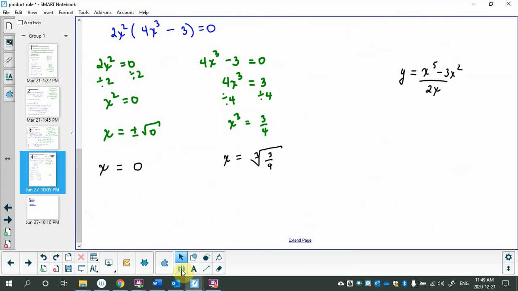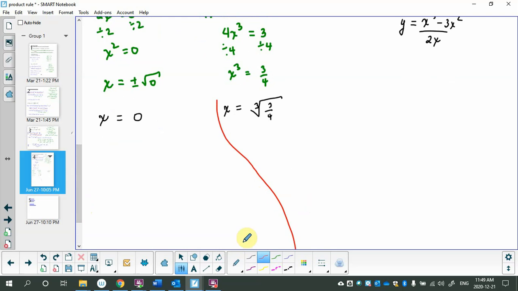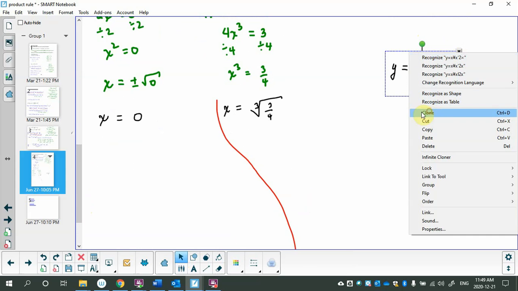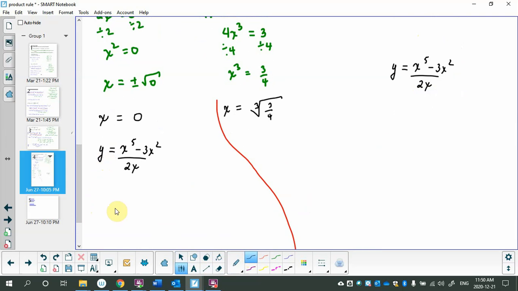So I'm going to split my page. So the first thing I'm going to do is take this, put it here, and put the x value in there.